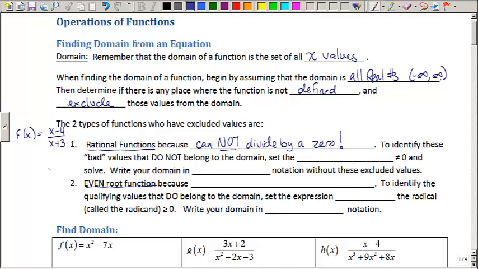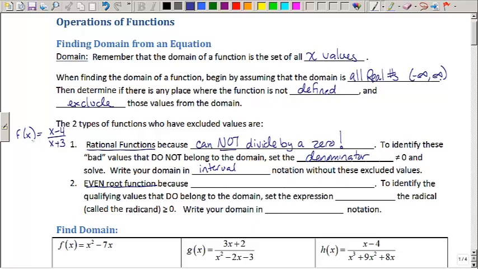So to identify these bad values that do not belong in our domain, we're going to set the denominator not equal to 0 and solve. Don't forget to write your domain in interval notation without these excluded values.